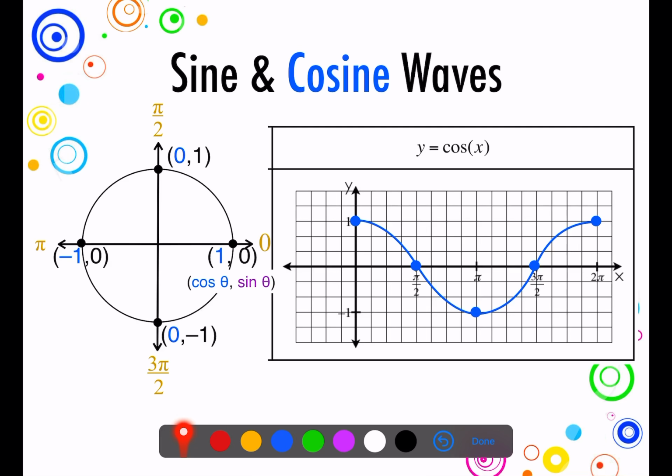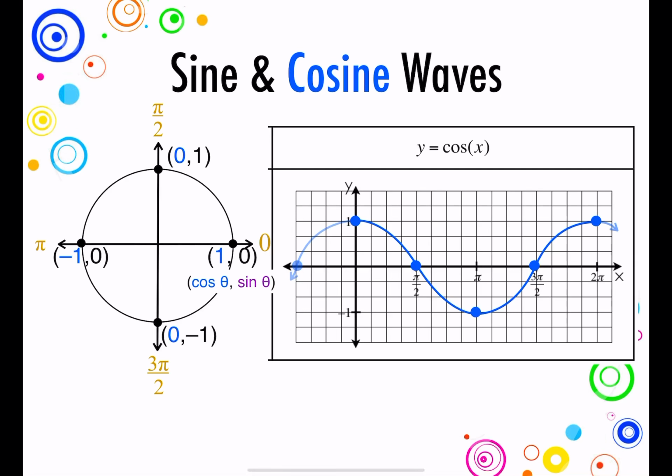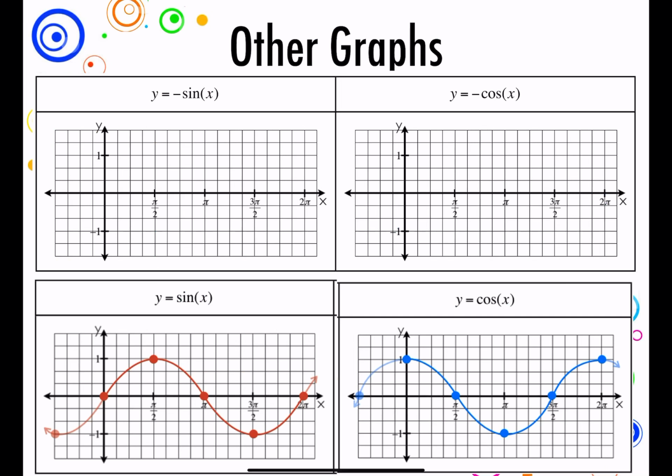All right, now, again, that wave continues just like the sine wave. Notice the pattern really just repeats itself. Okay, so here's two other graphs of sine and cosine. What's the big difference that you notice?